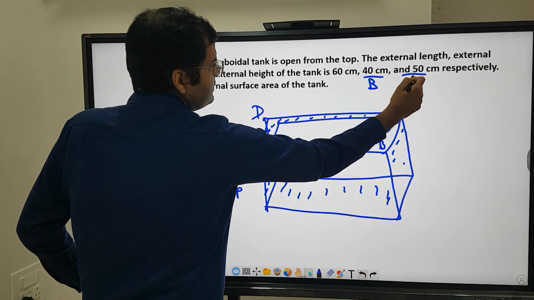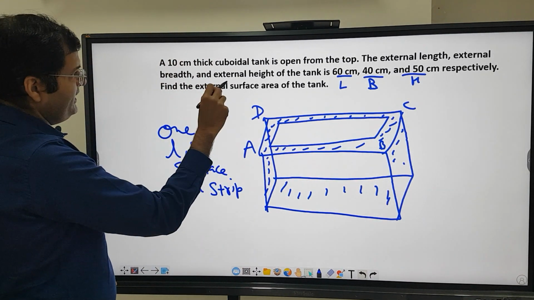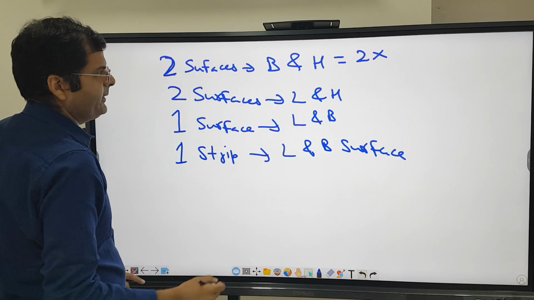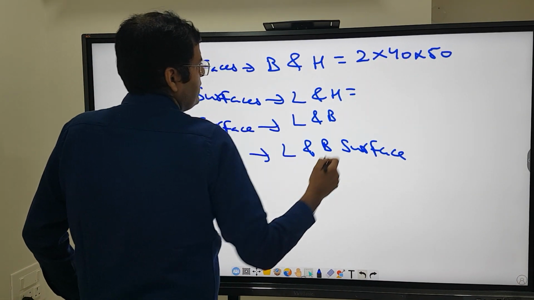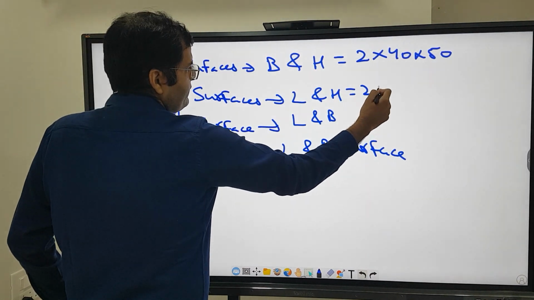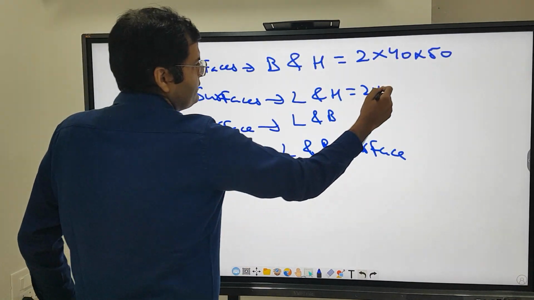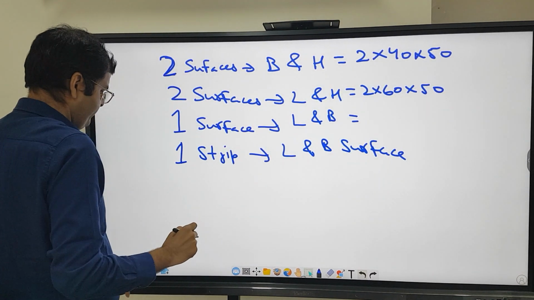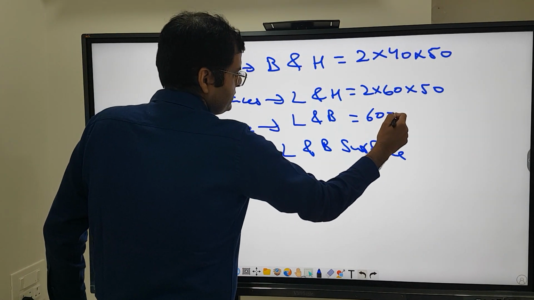This is breadth, this is height and this is length. Now the 2 surfaces of length and height will be 2 into 60 into 50. Then 1 surface of length and breadth, which is 60 into 40.